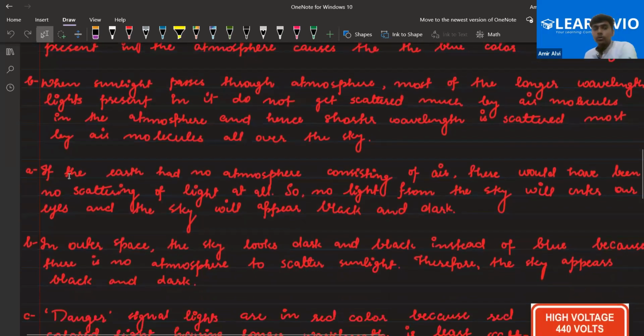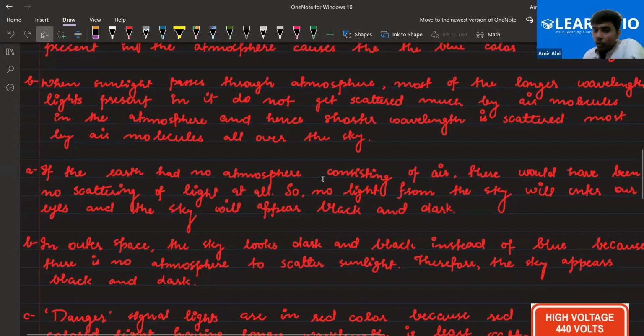And then this is also one of the most important, you can say the most repetitive question, like why do we see space as black? Or the question could be asked in this manner: what will be the color of the sky if earth had no atmosphere at all?